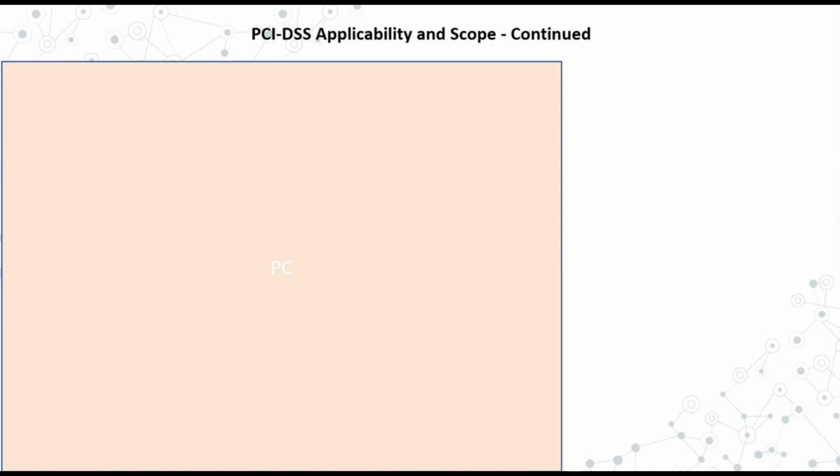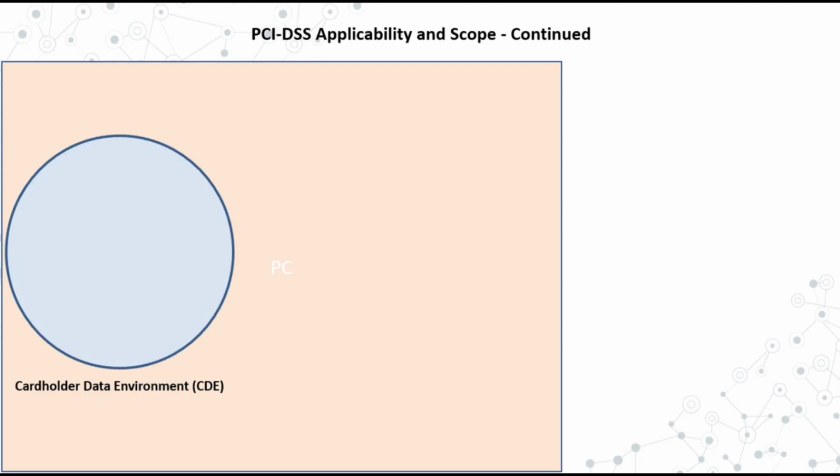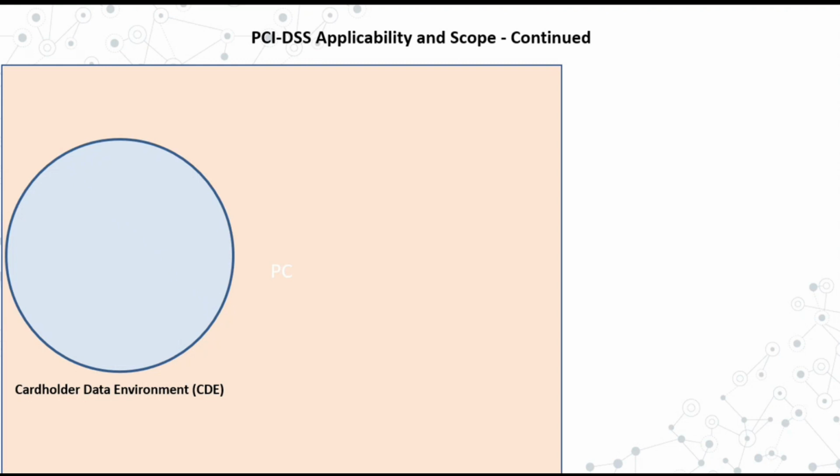And there are certain terminologies which differ from entity to entity, but from the PCI point of view I will use this one: the cardholder data environment. As we discussed earlier on the second or third slide, what is PCI DSS, we said that it is certifying the infrastructure. So here we'll see what is the cardholder data environment.